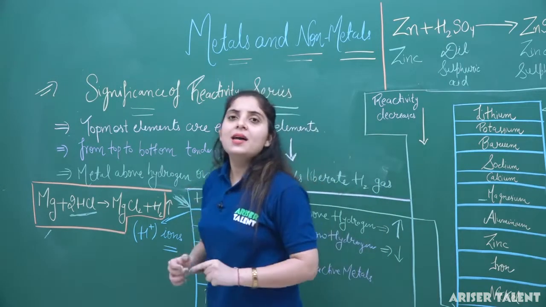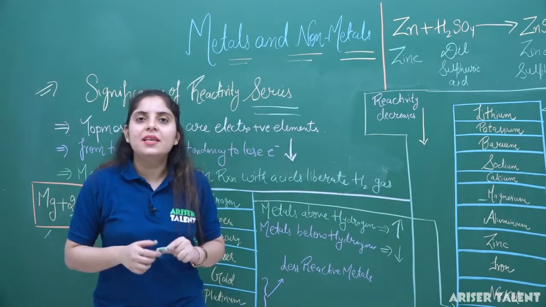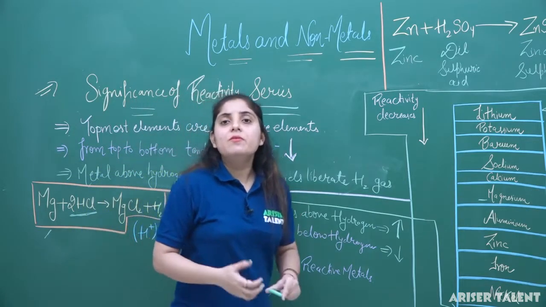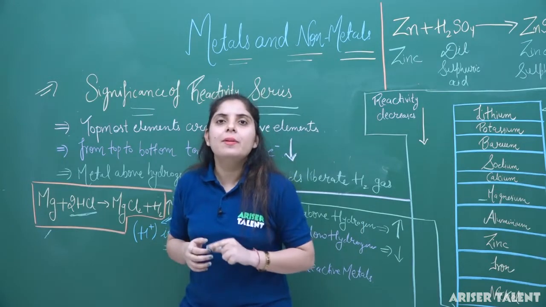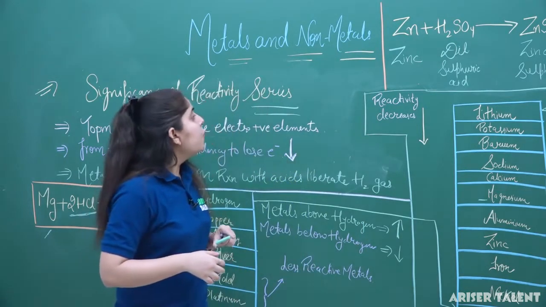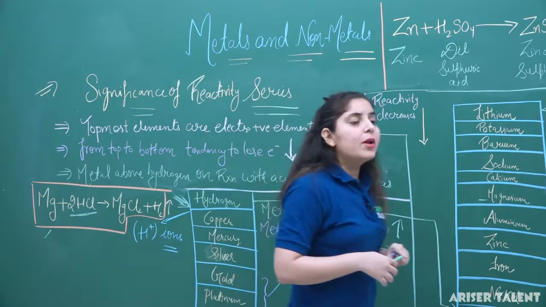Now the last significance of the metal activity series is that the element which is more electropositive will replace the less electropositive element from the reaction. So we are going to discuss our last point, but you can copy it from here.